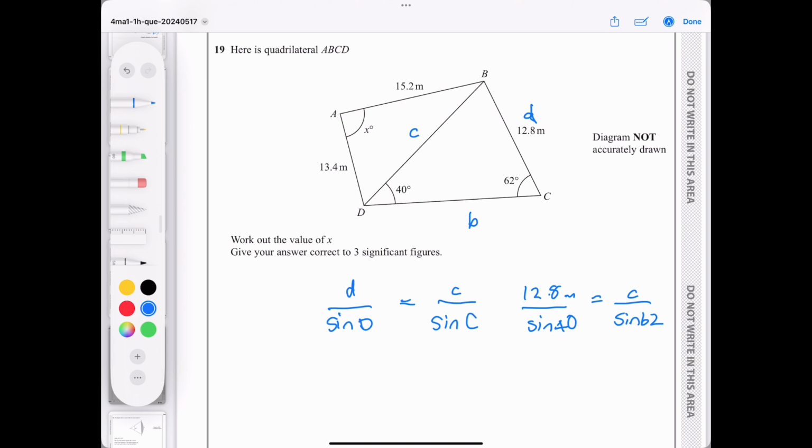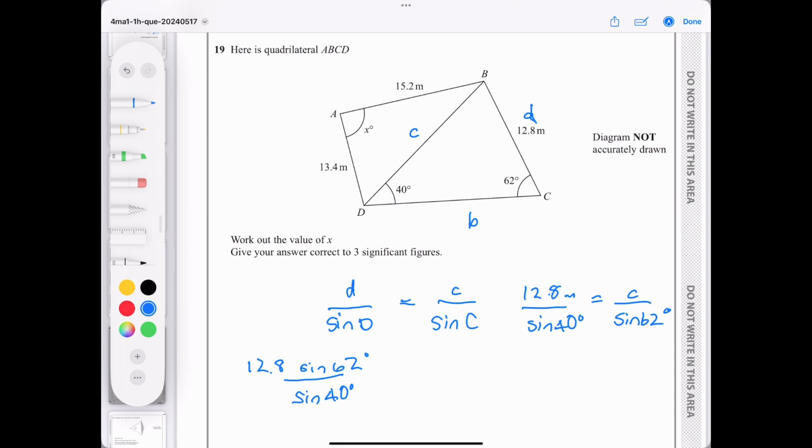Now we're just going to rearrange this. So we do 12.8 times sine of 62 over sine of 40. And that will tell us what C is.